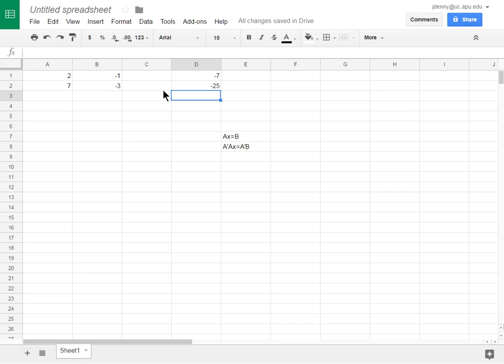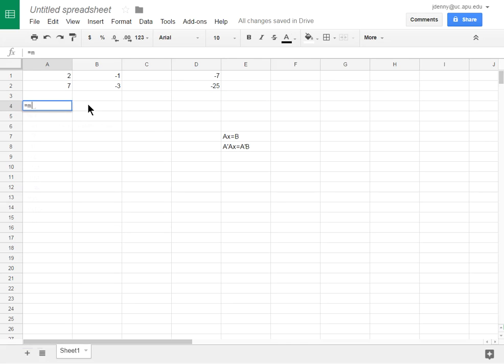What I need to do in order to solve this formula, A times some variable is equal to this matrix. We've got to figure out what X needs to be in order for that to happen. So to do that, we need to find the inverse of this matrix.